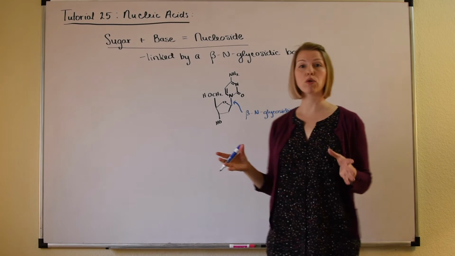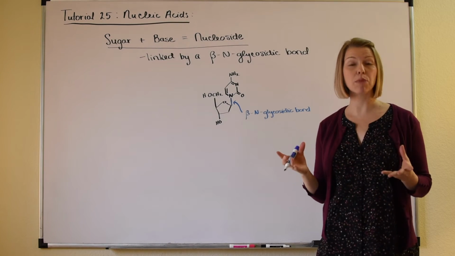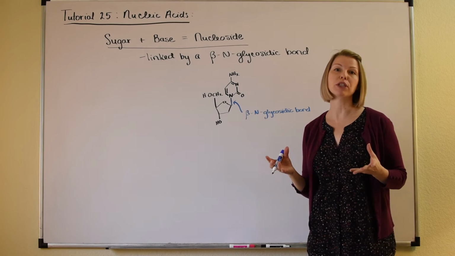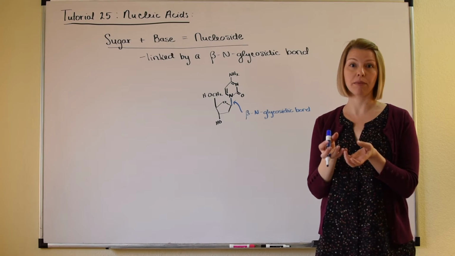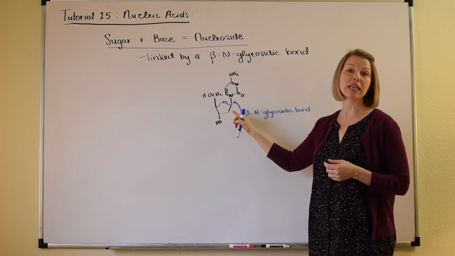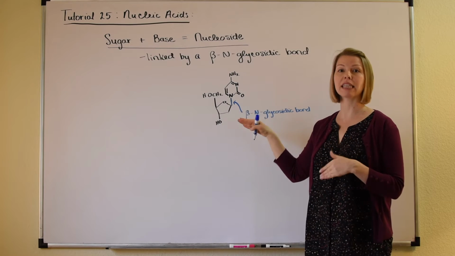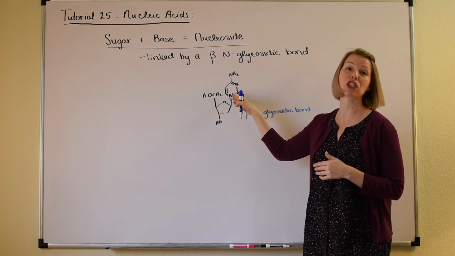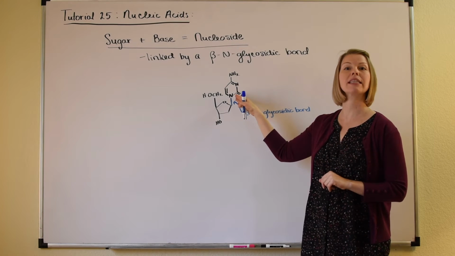And you might notice already the similarity to the glycosidic bonds that we saw form between 2 sugars to make up a disaccharide. Remember that the hemiacetal reacted with an alcohol in that case. Well, in this case, the hemiacetal is reacting with that NH off of the cytosine, the pyrimidine base.